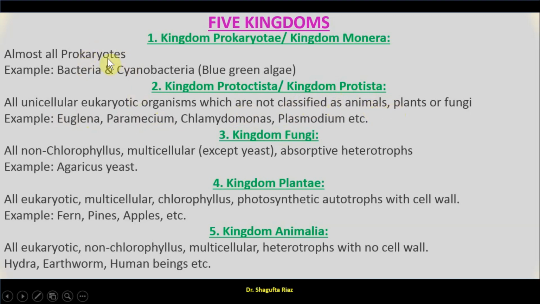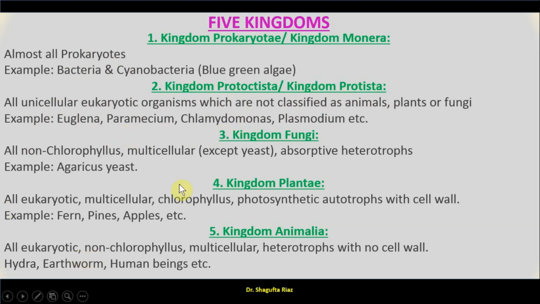The kingdom Prokaryote includes all the prokaryotes, while the unicellular eukaryotes are included in kingdom Protoctista. Examples: Euglena, Paramecium, Chlamydomonas, Plasmodium, etc.